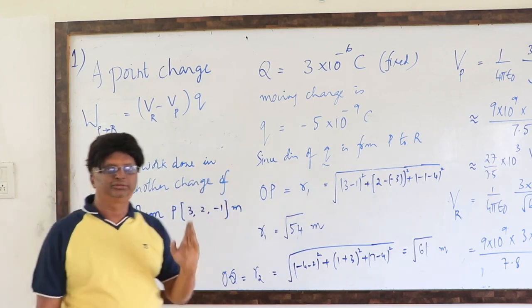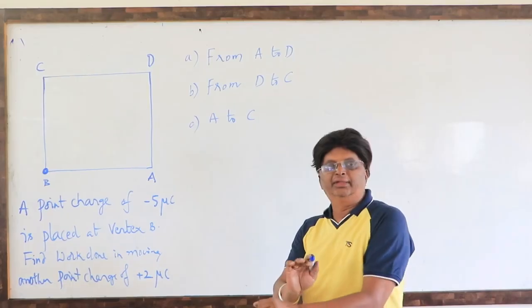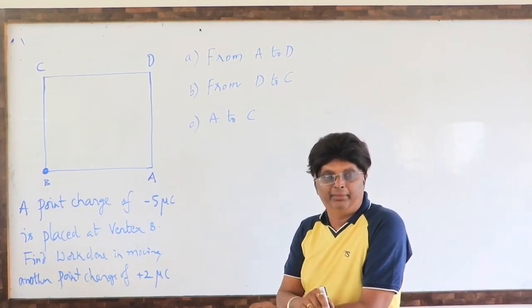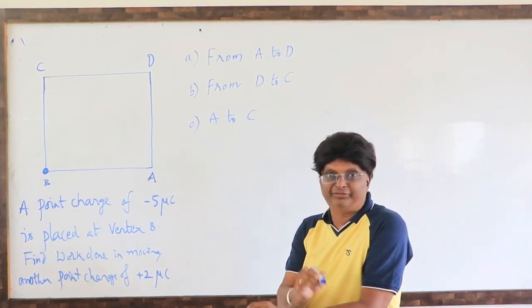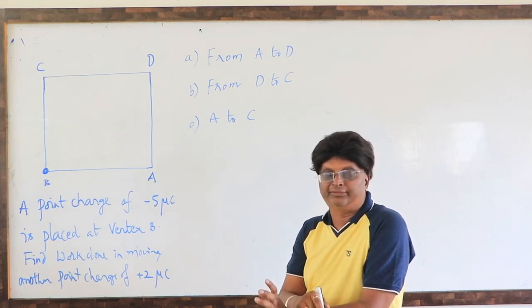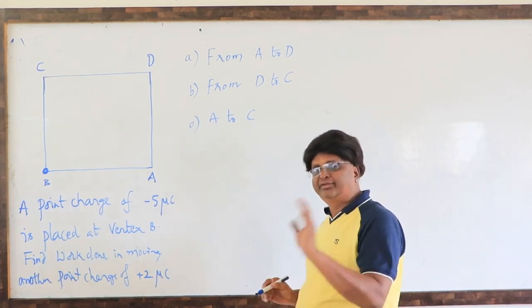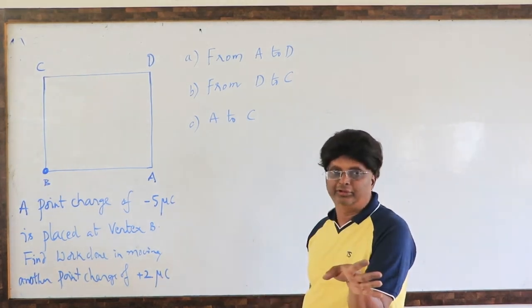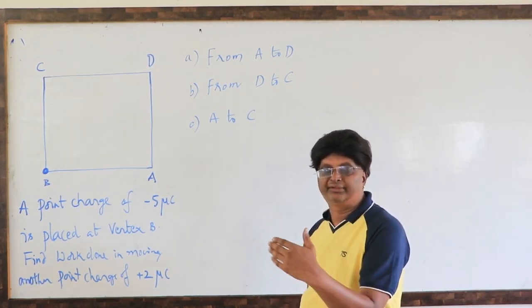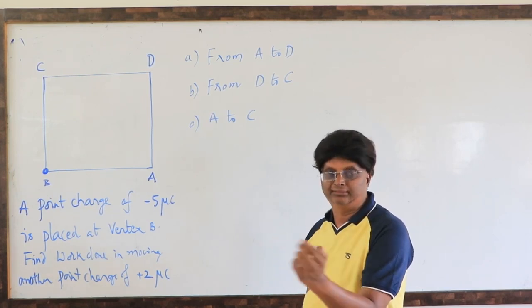Do the calculation, get your answer. See, in the earlier example, for the moving charge, we said displacement, positions were given as P and R, and the position of the fixed charge is given in terms of coordinates, is it not? Now here, the same question, no difference whatsoever. In fact, it is much easier because we have distances that can be done very easily.